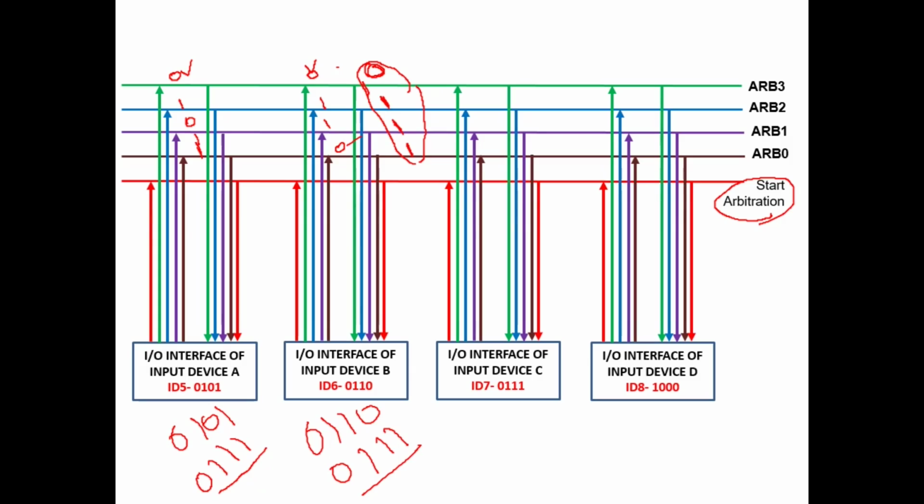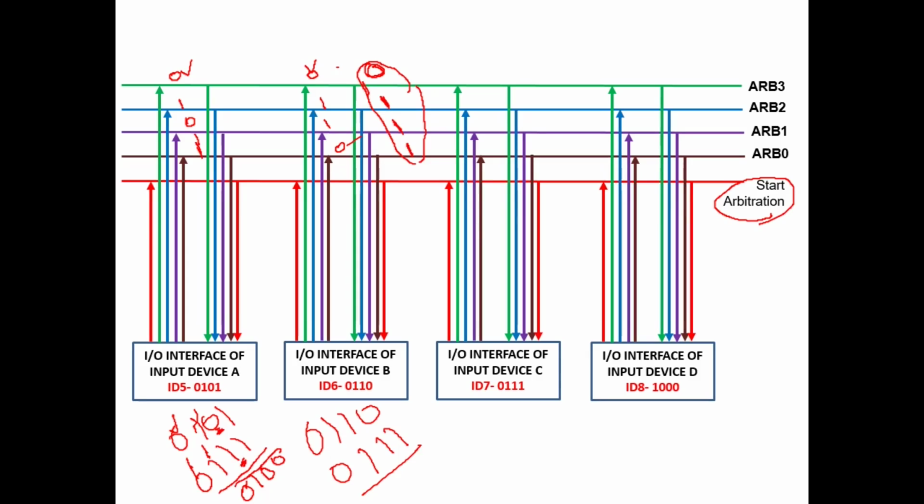See, when ID 5 is compared, bit 0 and 0 are compared, then bit 1 and 1. But when compared with the third bit, the actual ID bit is 0 and the received bit is 1. So what happens? The third bit becomes 0 and all other bits are made 0.